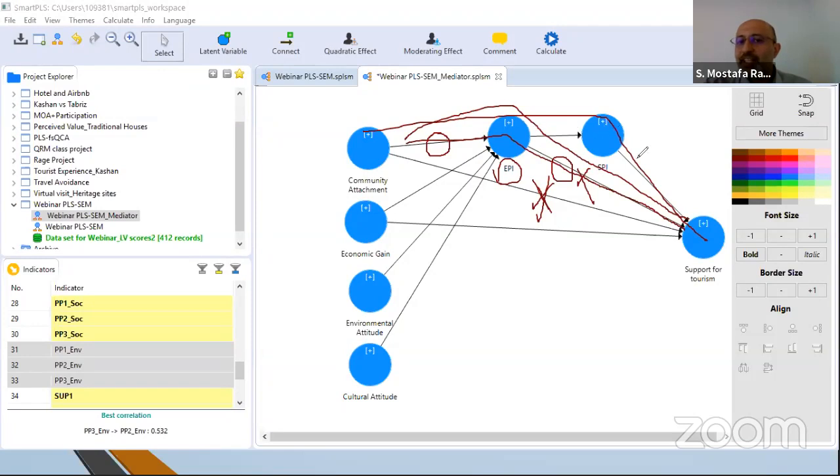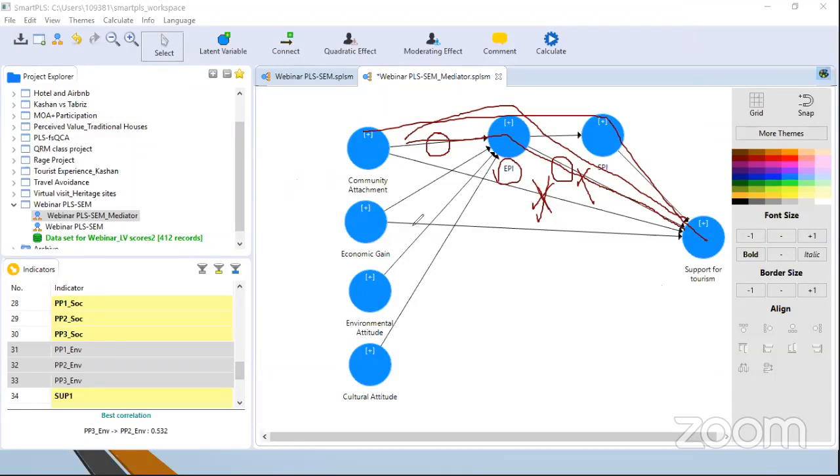So when we say serial here, it means, based on literature, you need to support community attachment and support for tourism. For this serial mediator, you need to justify the effect of community attachment on EPI, EPI on SPI, and SPI on support. So you have different paths, and these paths should be supported by theory.